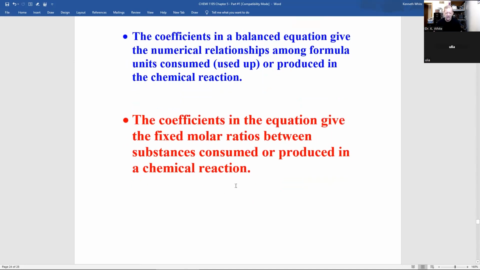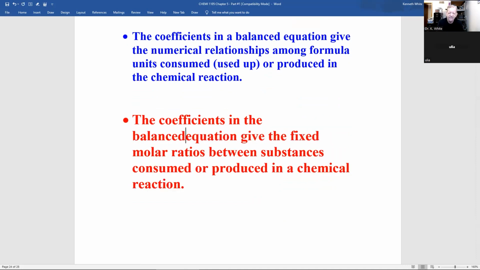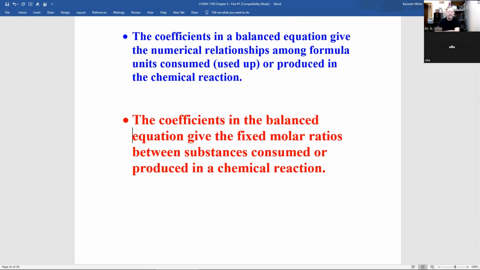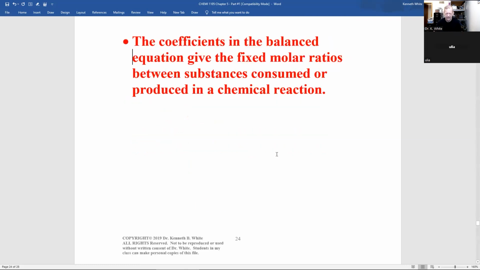A better way of saying that, the way I like to say it: the coefficients in a balanced chemical equation give fixed molar ratios between substances consumed or produced in a chemical reaction.